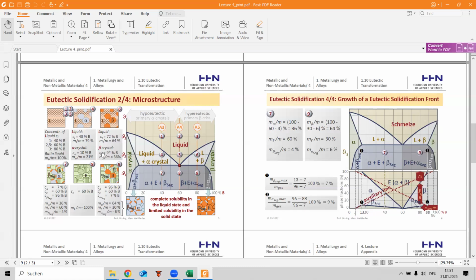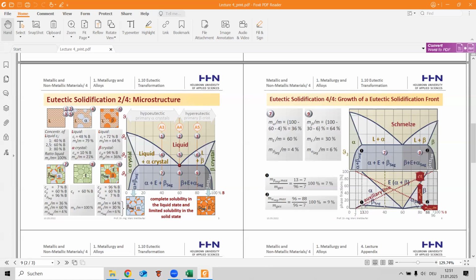And the concentration of alpha crystals is 10% component B. And the mass of alpha crystal divided by M total is 21%. In point 6, we have liquid and solid beta crystals.